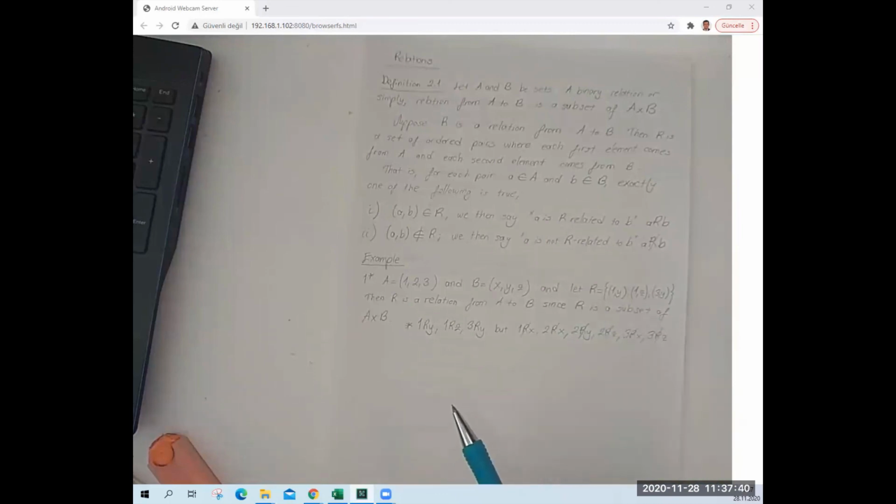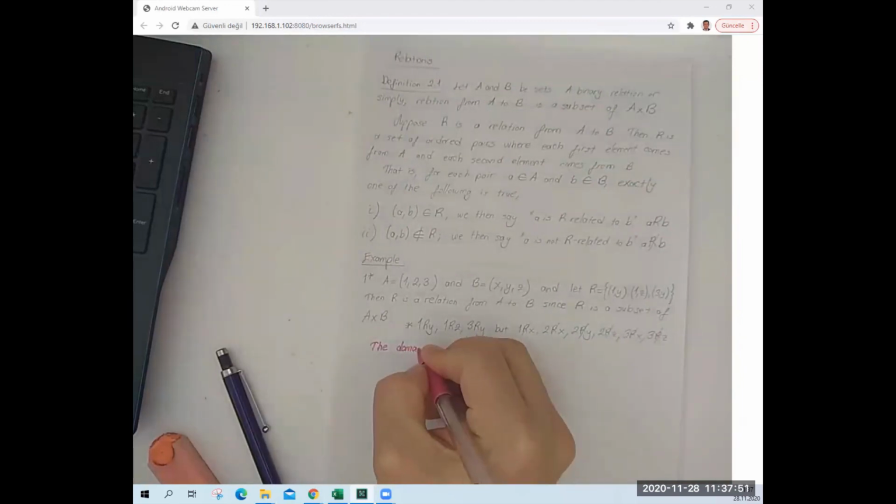So this is important: the domain of R. So let's use a different pen. We defined R here.